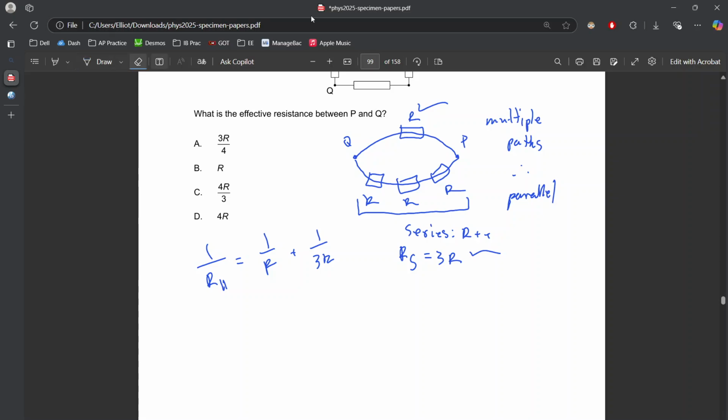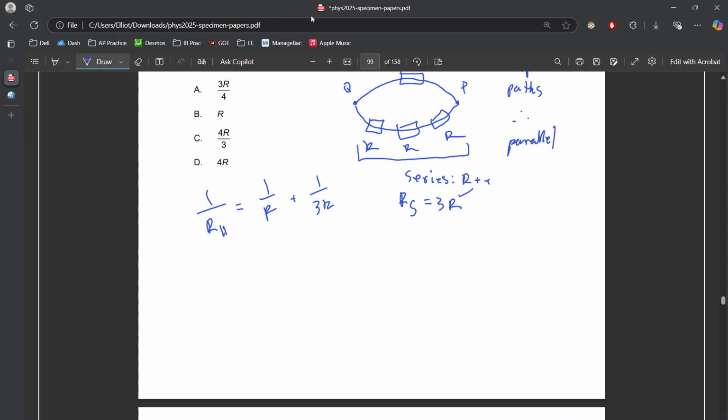Oh, that's a really bad check mark. Okay. And so you can just take the inverse of this, which means R parallel is going to be equal to 1 over 1 over R plus 1 over 3R, which is going to simplify into, what is that going to be? Let's multiply this bottom and this top by 3.